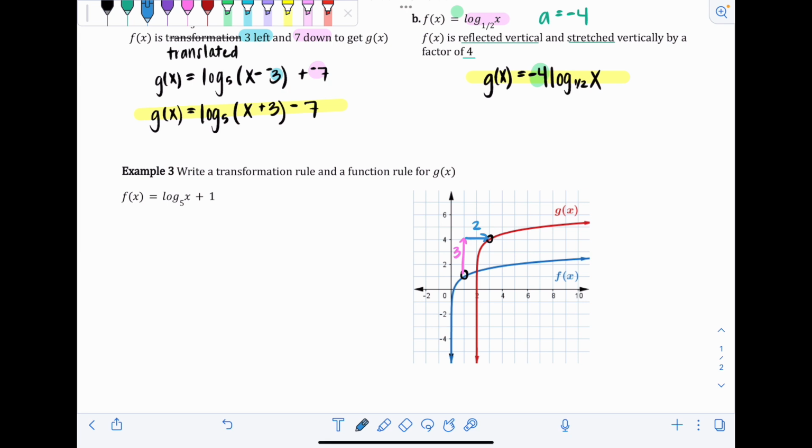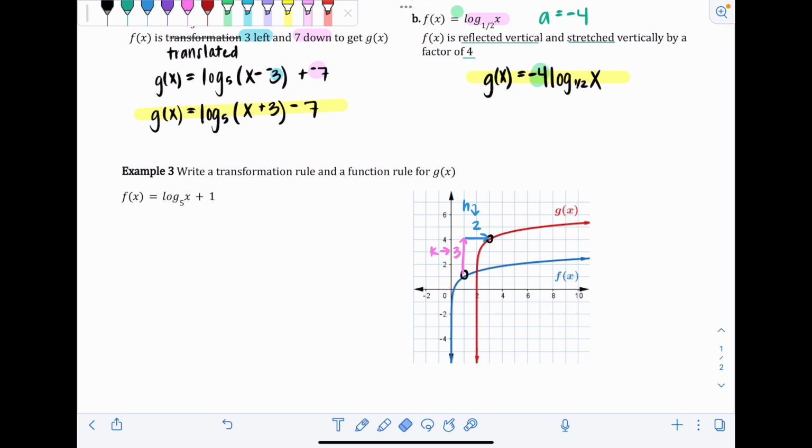If there's no stretch or anything like that, we just have to worry about h and k for our transformations. Remember, h is the horizontal translation, so h is going to be 2, and k is the vertical translation, so k would be 3, how far up or down we're moving. Since I just have translations, I'm going to write a transformation rule with just h and k in it.